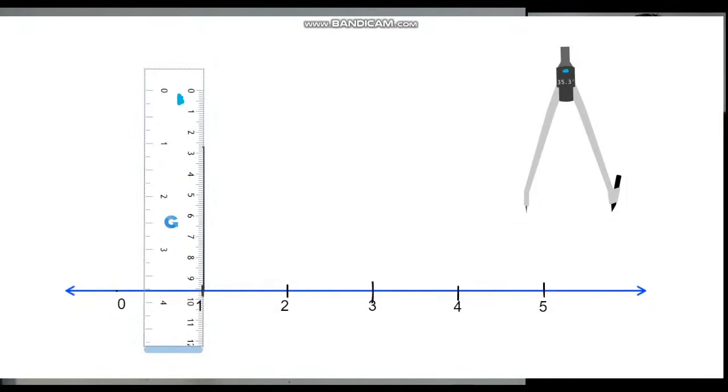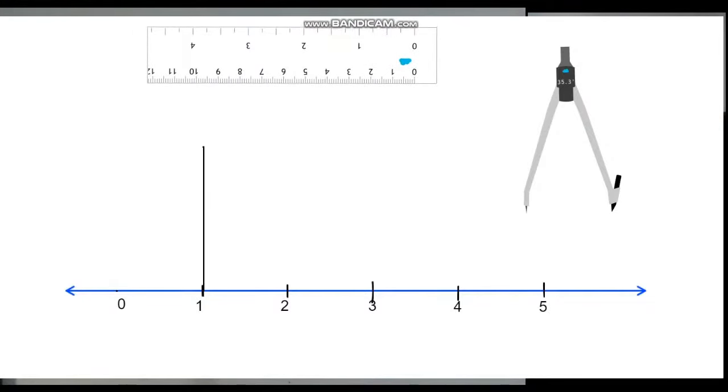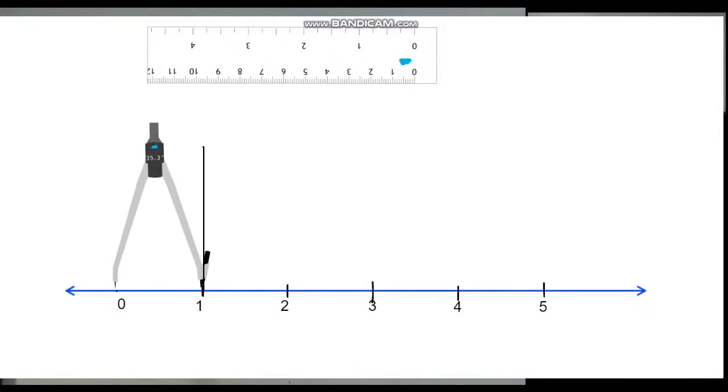Draw it on the number line, perpendicular to the number line at 1, and now again use your compass, because the line segment should be of 1 unit.